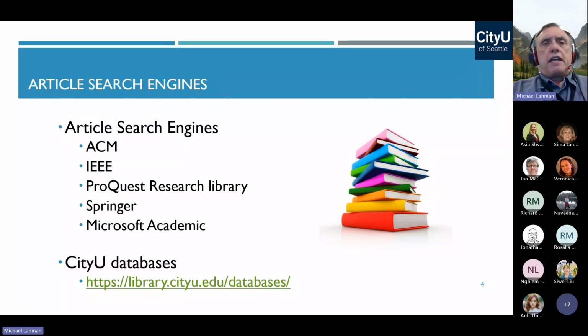The university also has several areas that it pays for so students can do research through the library itself. I do know that IEEE is a very good place to search for the documents we're looking for.